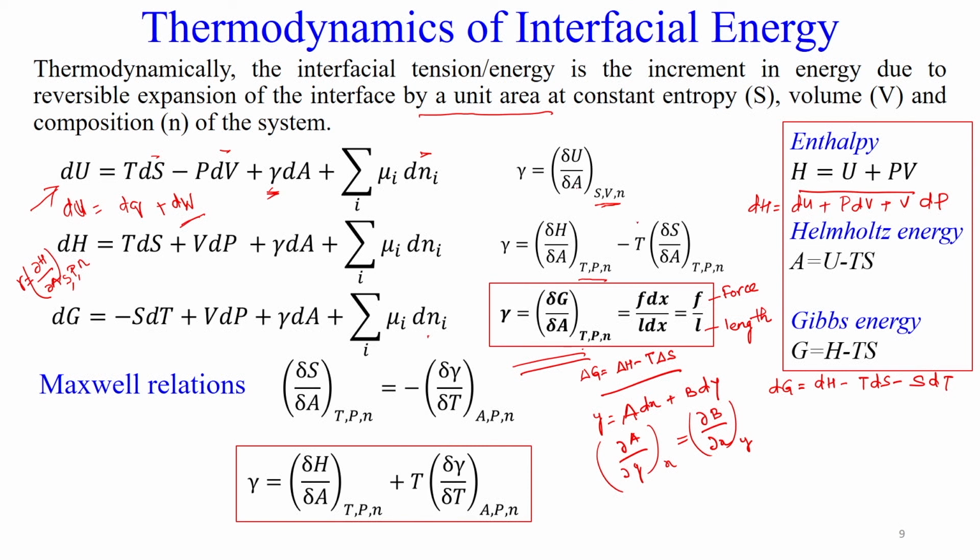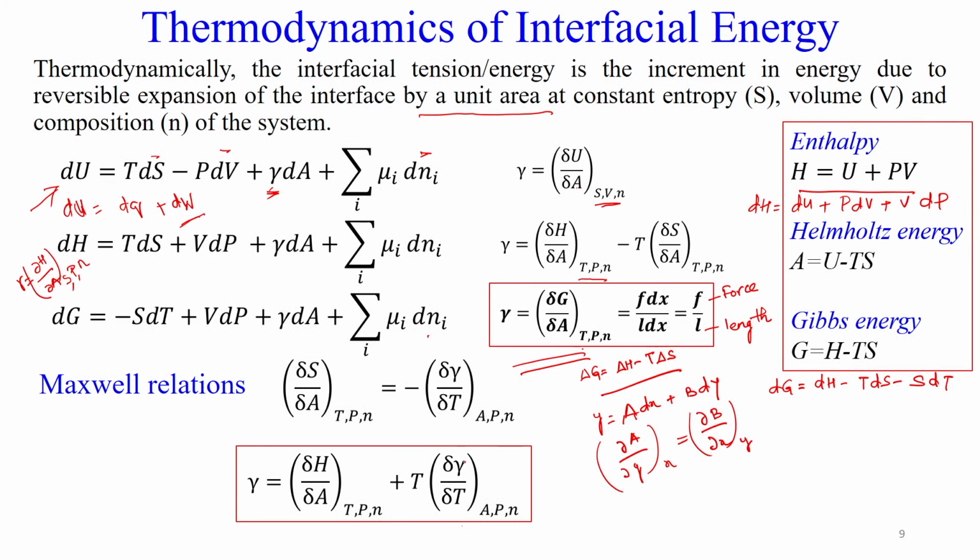So, from here, if you replace dou S upon dou A with dou gamma upon dou T, you can write that surface tension is the change in the enthalpy per unit area plus T times the change in the surface energy per unit temperature.